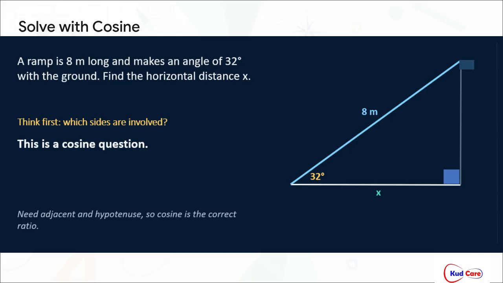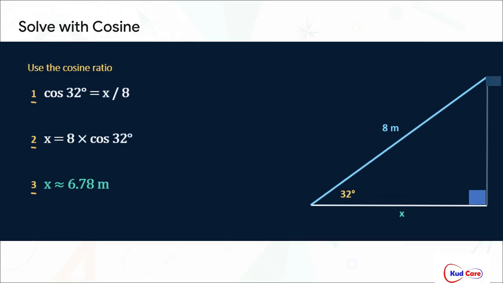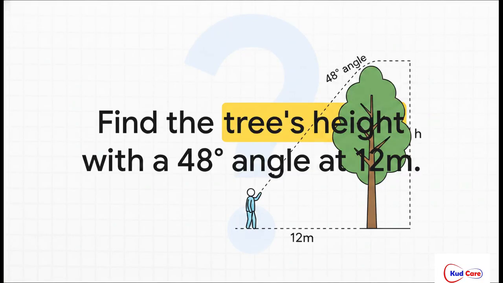If you look at SOHCAHTOA, A and H means we choose the CAH, the cosine ratio. So we write cos 32 degrees equals x over 8. To isolate x, just multiply 8 by cos 32, and your calculator says x is approximately 6.78 meters. Boom, code cracked.